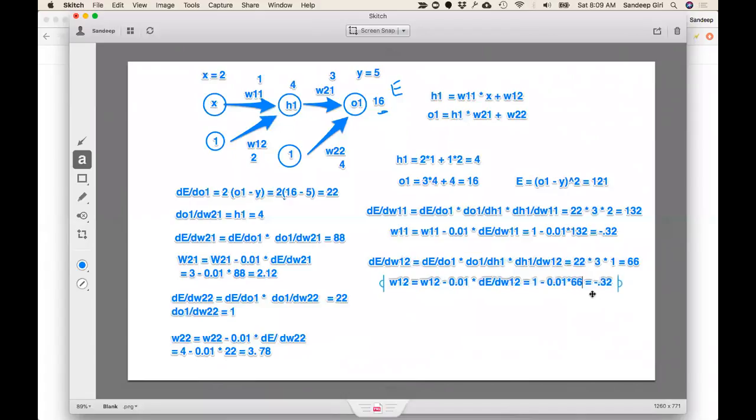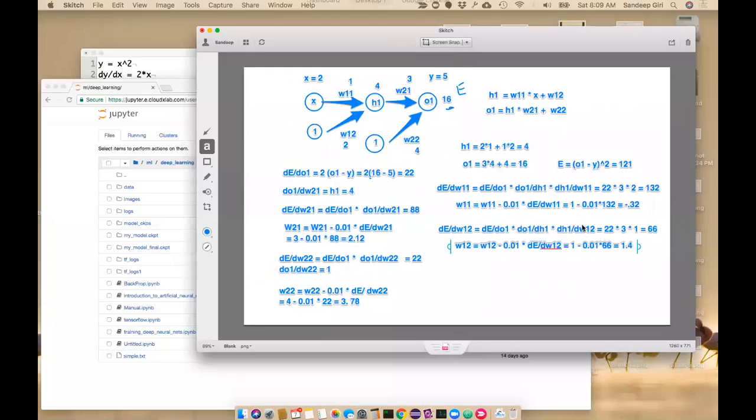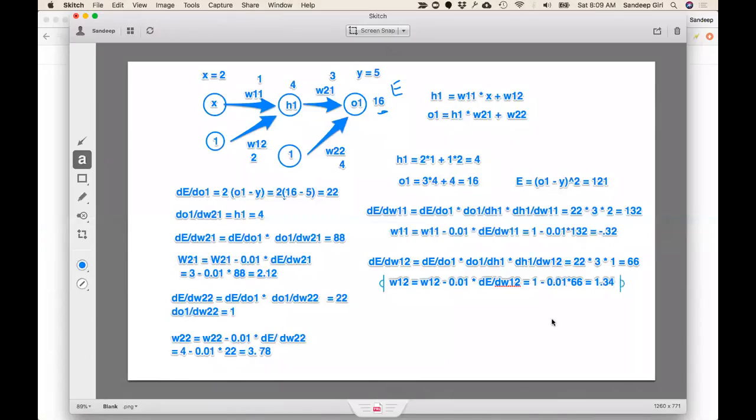How much is it, anybody? 1.34. Okay, so this is how we computed the newer values of weights. So you can see that this W11, we started with 1, became negative, minus 0.32, and W12 became this, W22 became this, W21 became this, and so on, right?